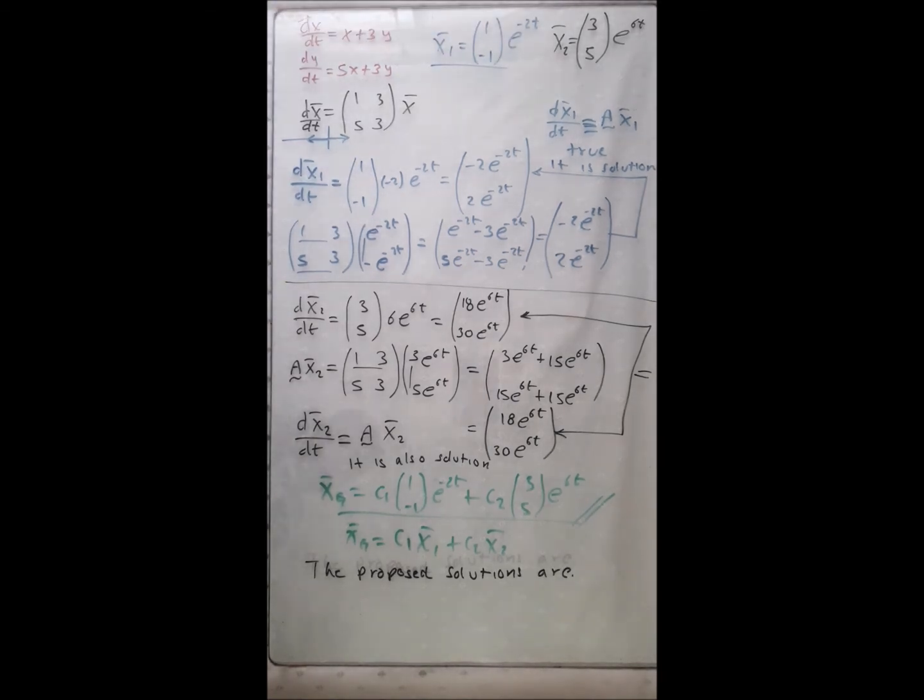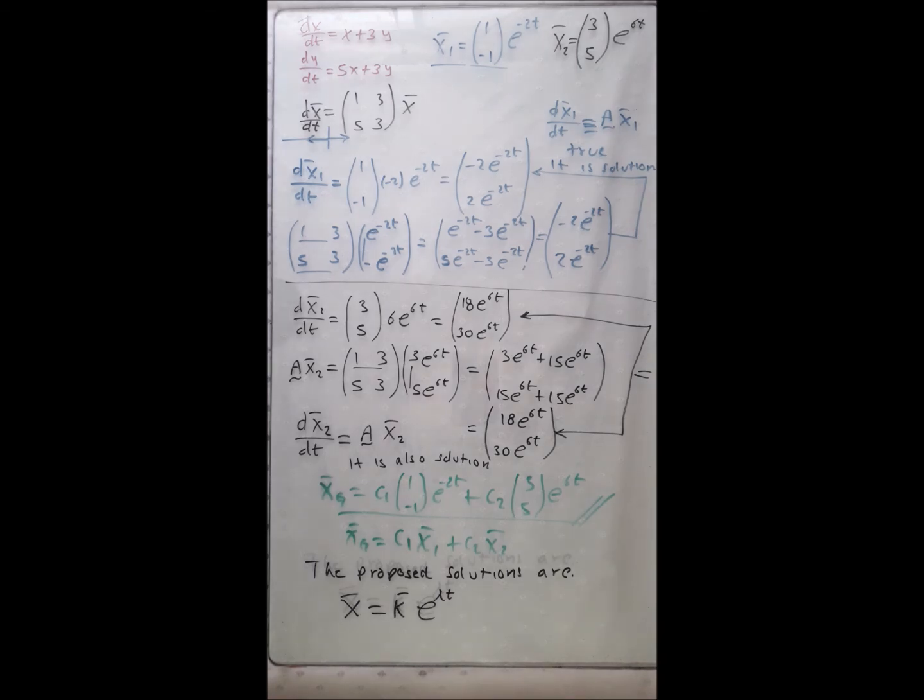So in the end, the proposed solution is going to be x vector equal to some vector that we don't know the values of, k vector. What we need to find is this vector, and we also need to find the exponential. So we have to find this vector and this number, and this vector and this number, because they have the same shape. The difference is the vector and the values.